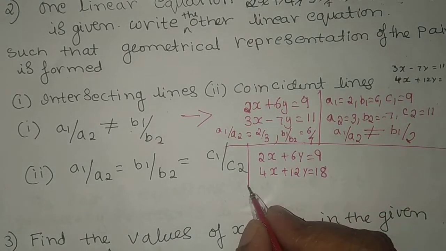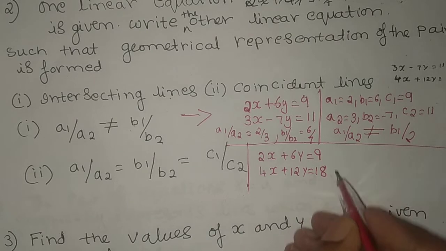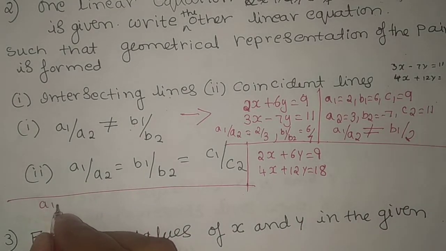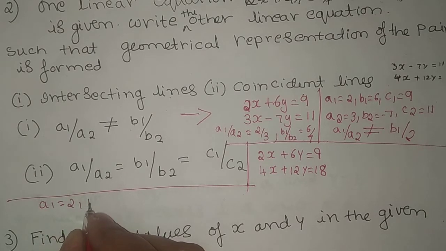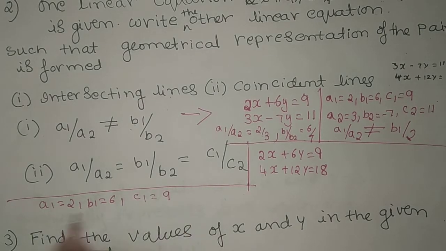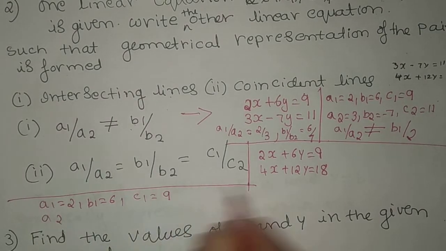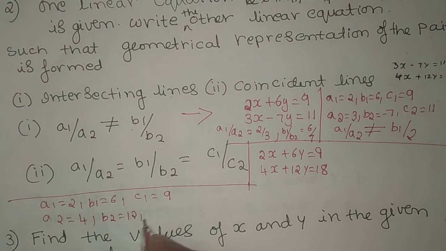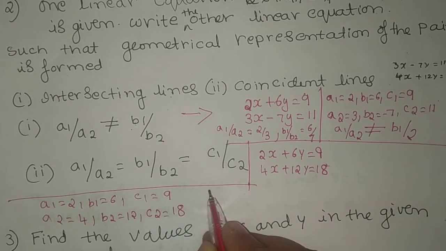Here A1 is equal to 2, B1 is equal to 6 and C1 is equal to 9. Similarly A2 is equal to 4, B2 is equal to 12 and C2 is equal to 18.